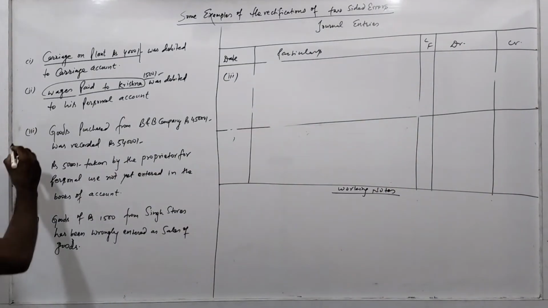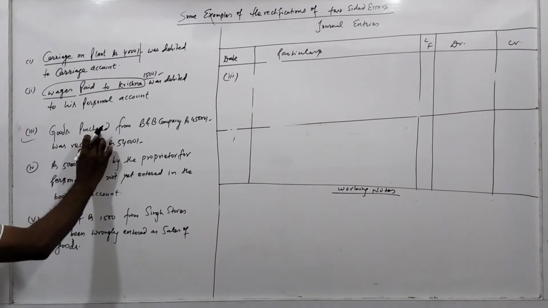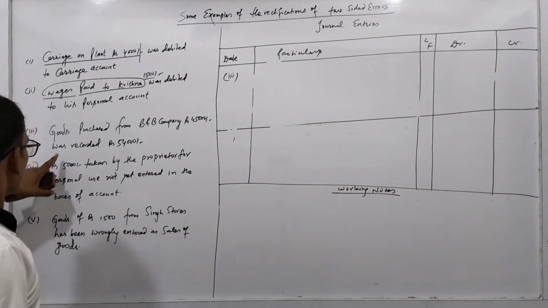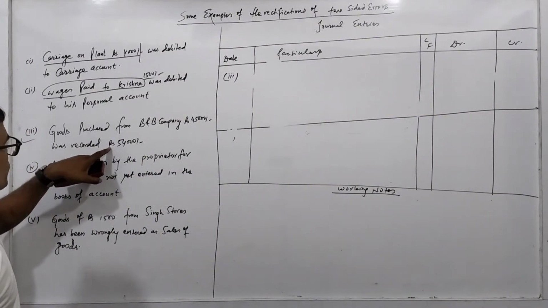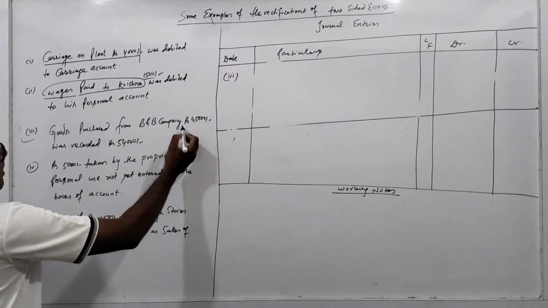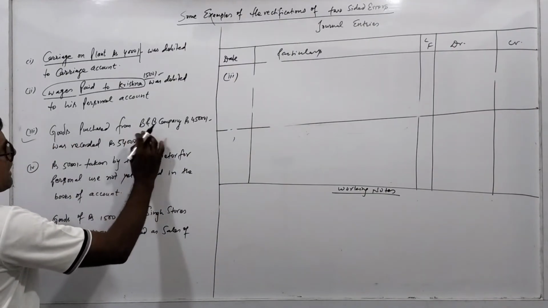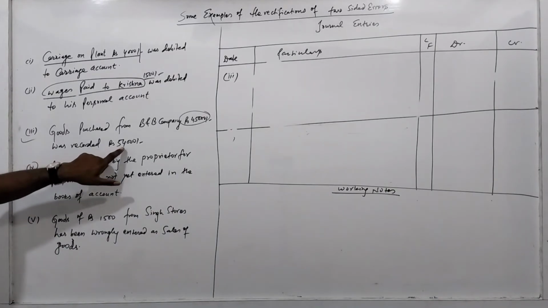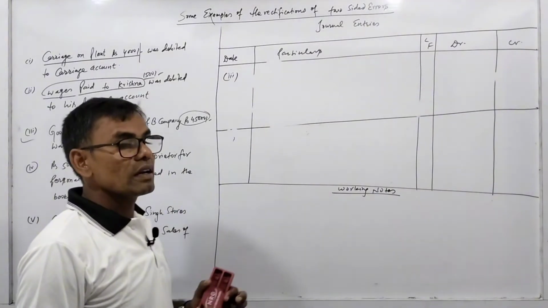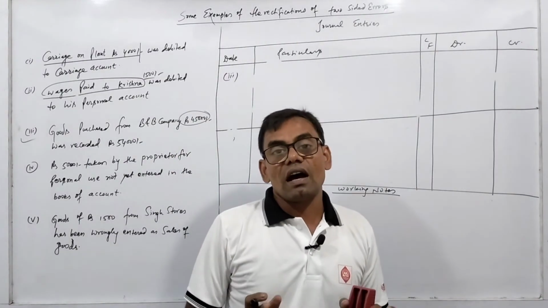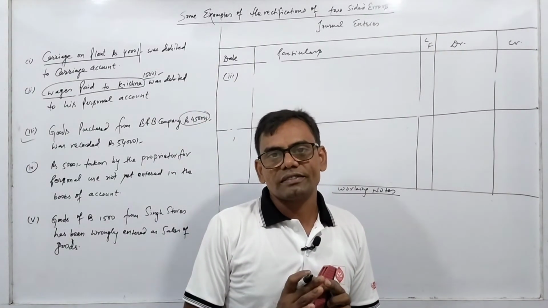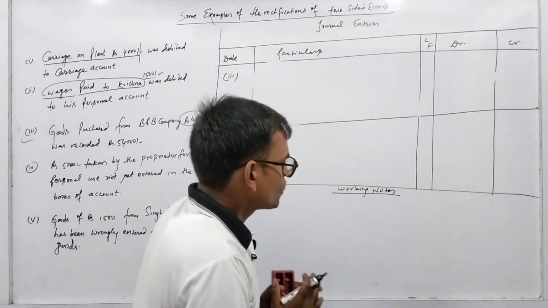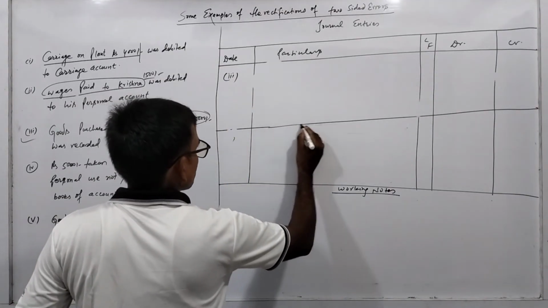Question number 3. Goods purchased from B and B company 45,000 was recorded as rupees 54,000. Here the wrong amount has been entered. The process is the same. What is the process?